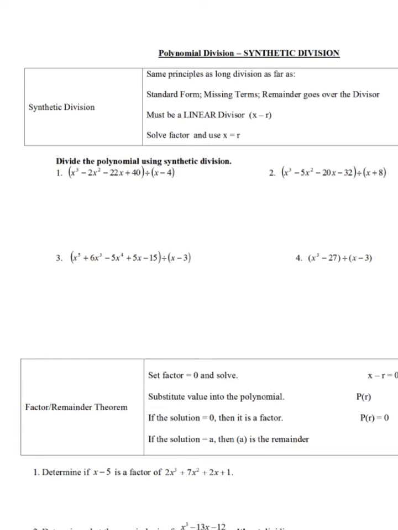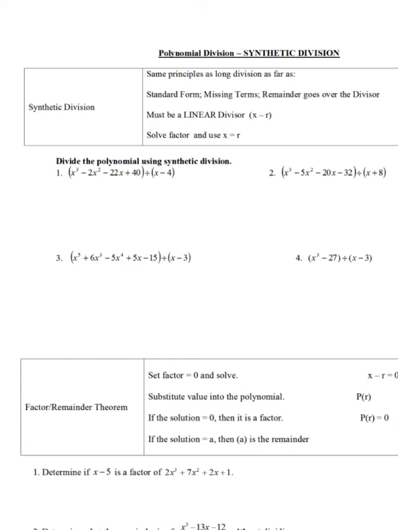Some other things that you need to know is that for synthetic division, the linear divisor has to be an x minus r form. The x needs to be a degree 1 polynomial, and it also has to have a leading coefficient of 1. So 1 and 1. If this is not that, then you can't use synthetic division.